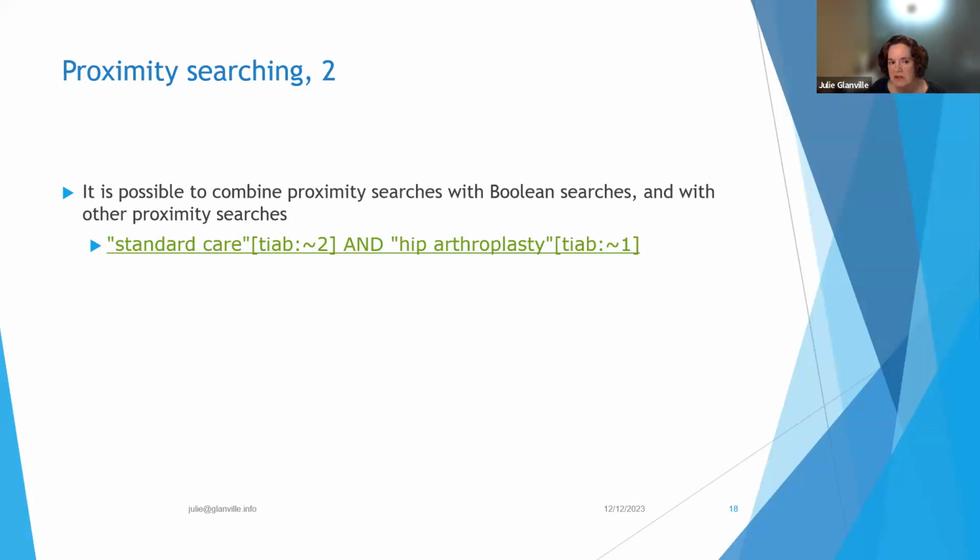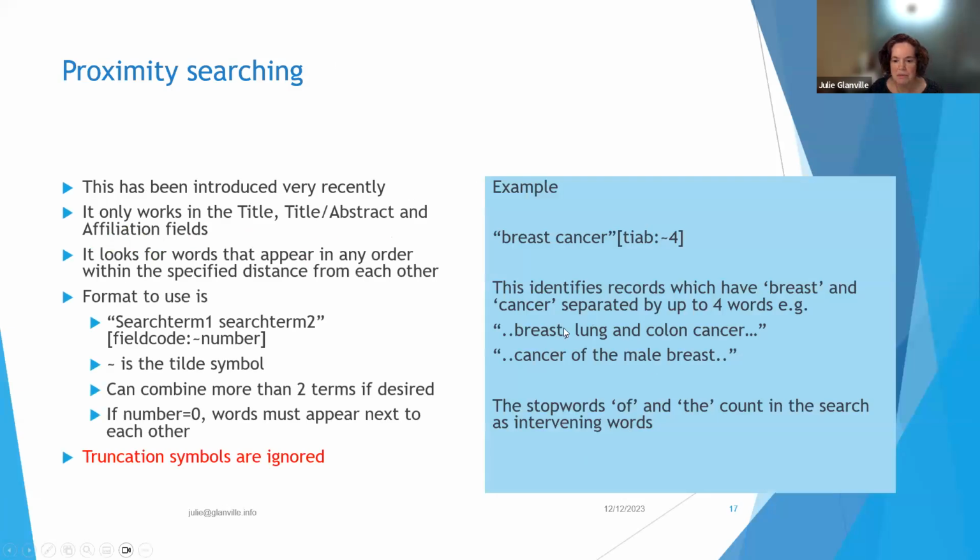What proximity searching lets you do is look for words that are quite close together and therefore likely to be related to each other in a meaningful way. Likewise, phrase searching insists that words are next to each other and in the right order, whereas we've seen from my examples that words may be related, but they may not actually be next to each other.